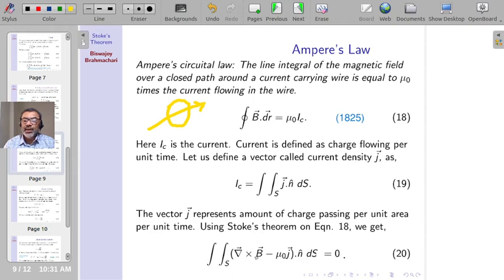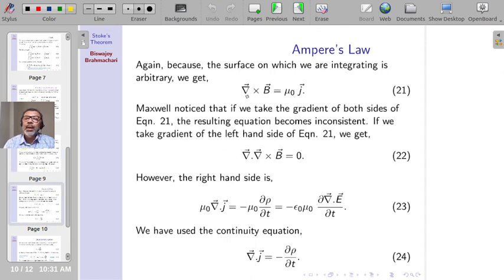That means (curl of B minus μ0 j) · n ds equal to 0. And again, this ds is arbitrary. Because this ds is arbitrary, we can write curl of B equal to μ0 j.